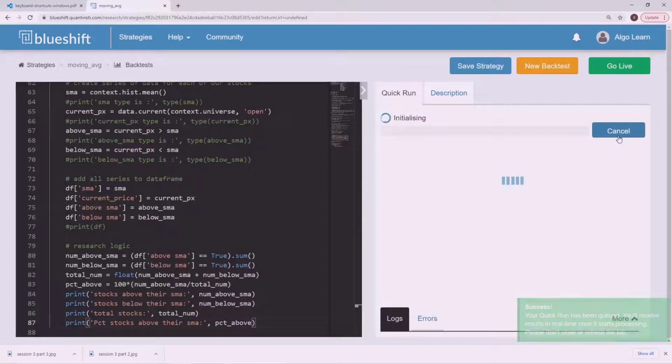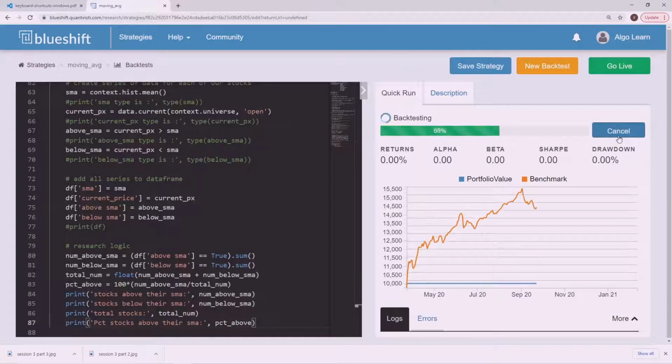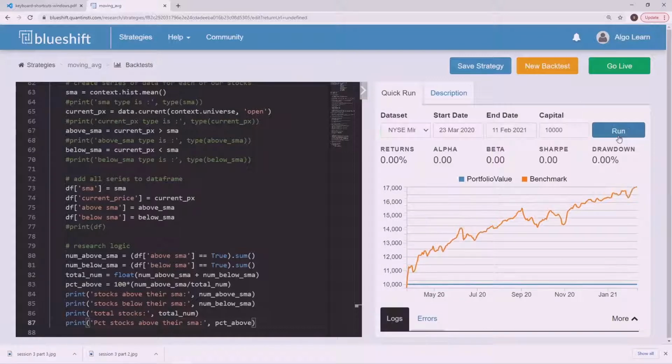This will also give us March 24th, and all of these data points through February 11th. Interestingly, here's the benchmark, SPY. You could see if you had timed it right at the low point on March 23rd, your $10,000 capital investment would have been right around 17,000. Not too bad.